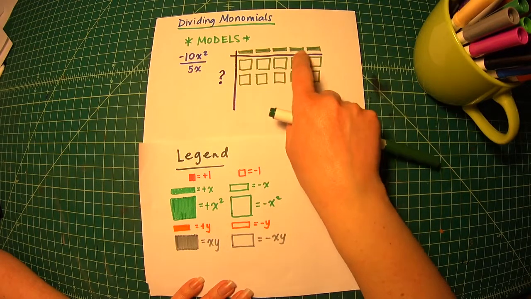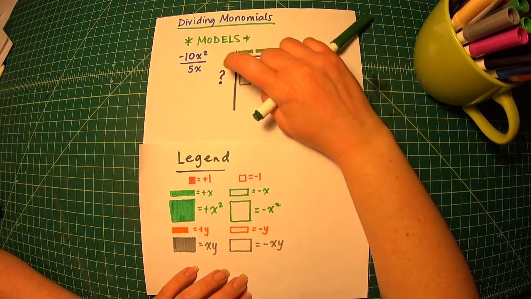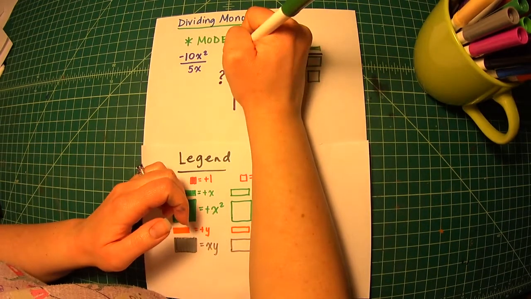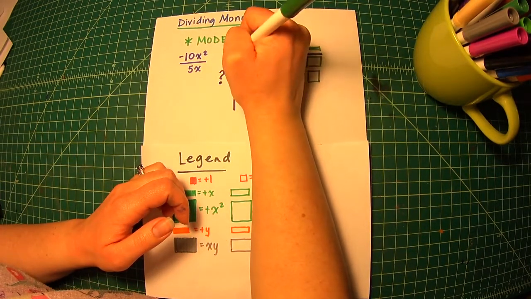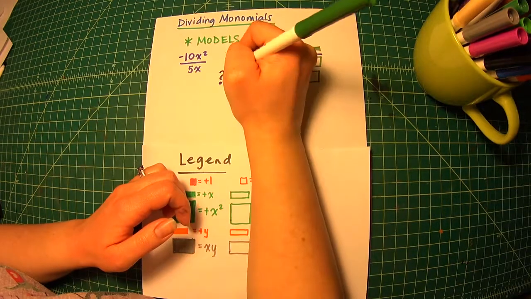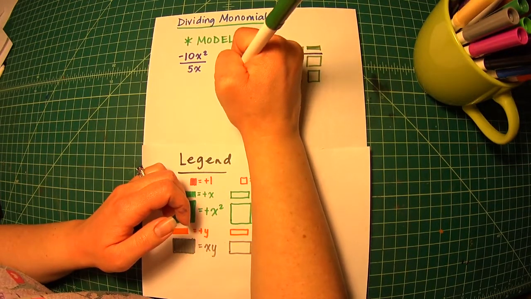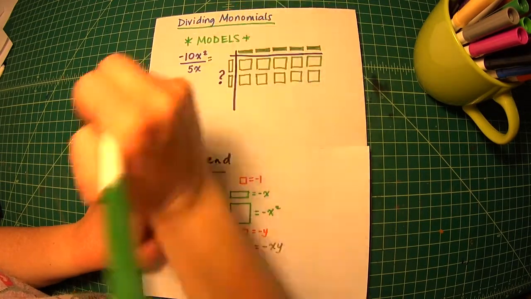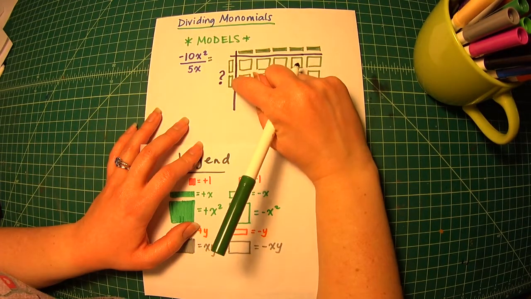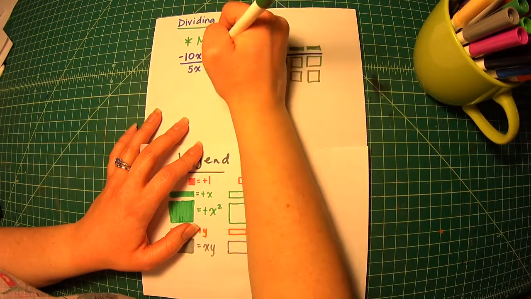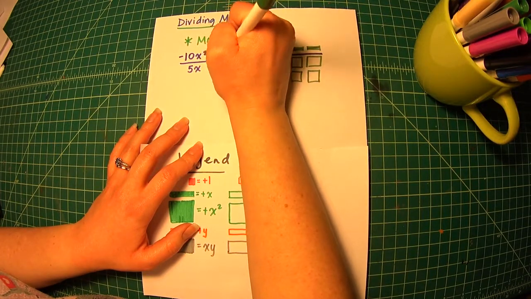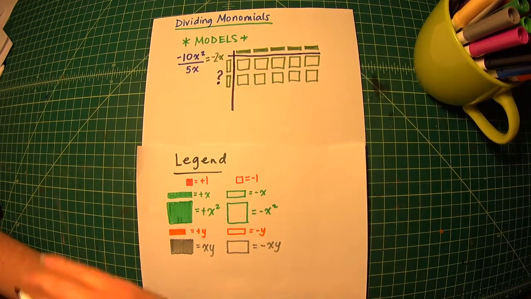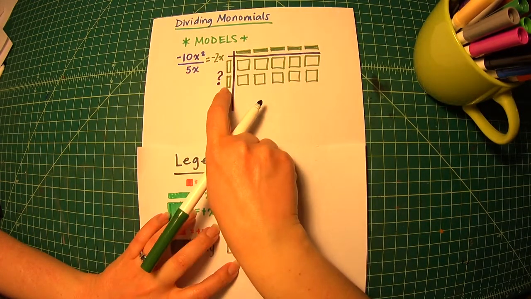Since these are already positive, these ones over here have to be negative to create that mismatch. So one would go there, and one would go there. Then the answer to my division question would be negative 2x. So there's my answer. For division, we're working backwards to find the missing factor.